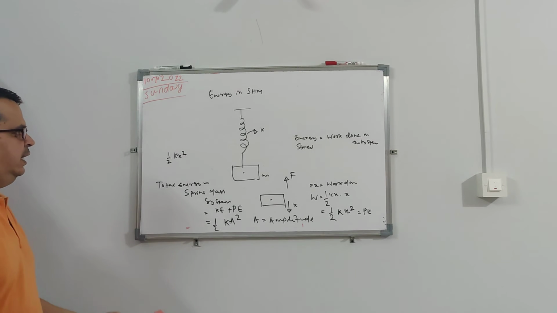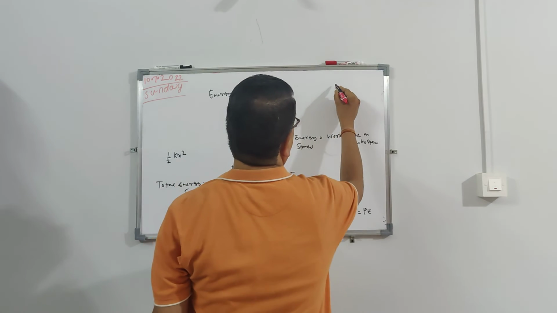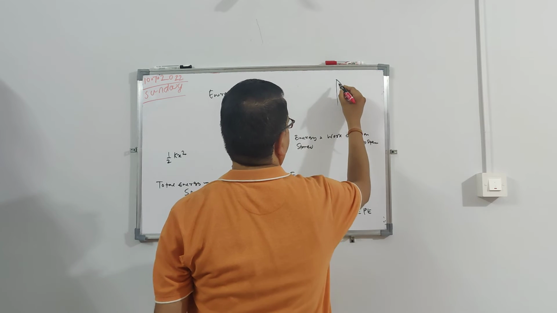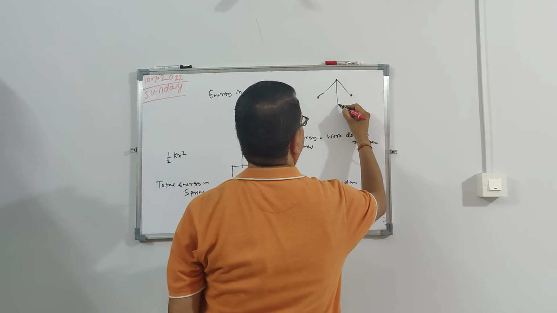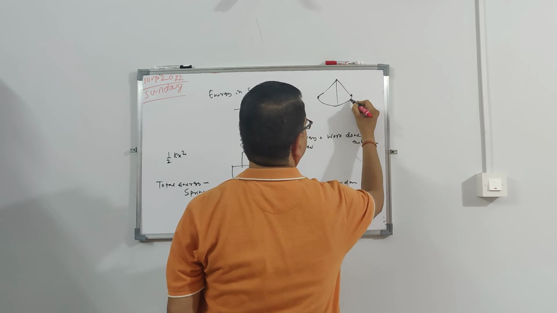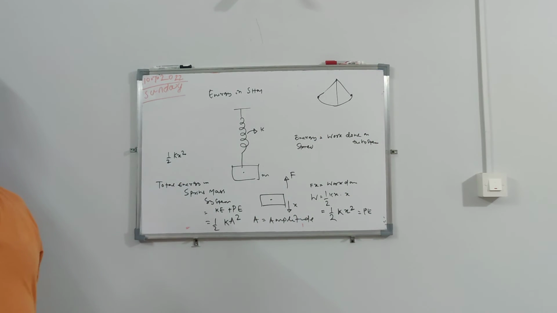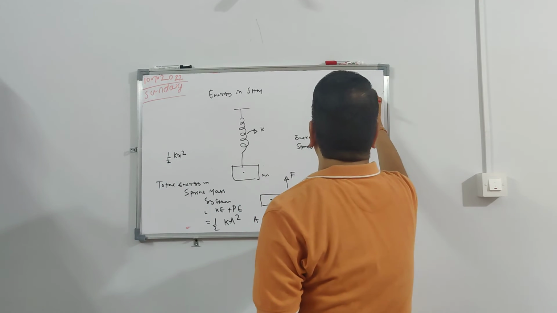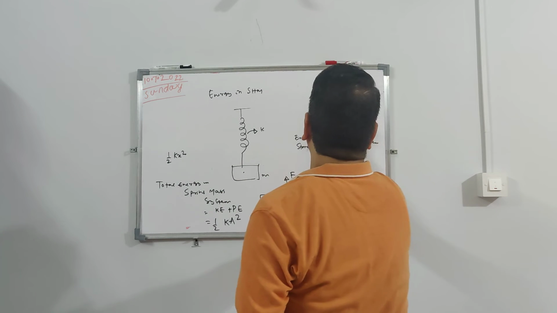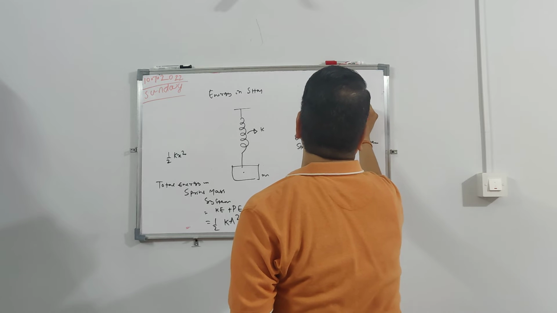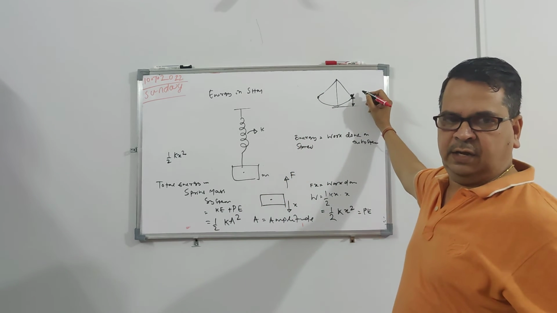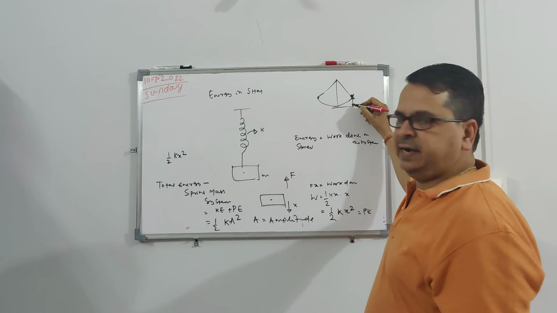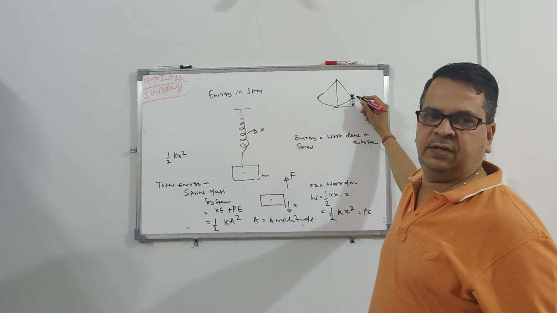So if you see a pendulum also, it is oscillating about the mean position. At the end position, it is at the maximum height. So here at the end position of the pendulum, your kinetic energy is zero and potential energy is maximum.